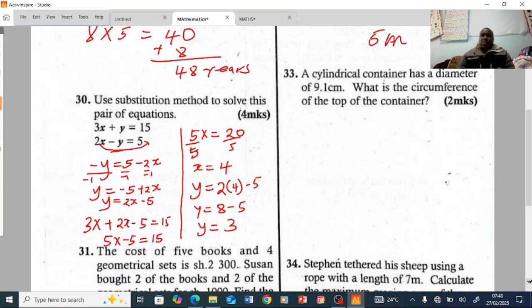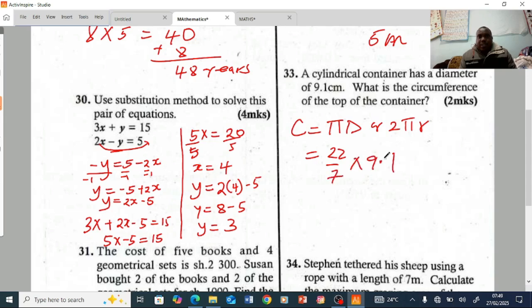A cylindrical container has a diameter of 9.3 centimeters. What is the circumference of the top of the container? Circumference is equal to pi d, or 2 pi r. So circumference will be 22 over 7 times diameter, which is 9.1.